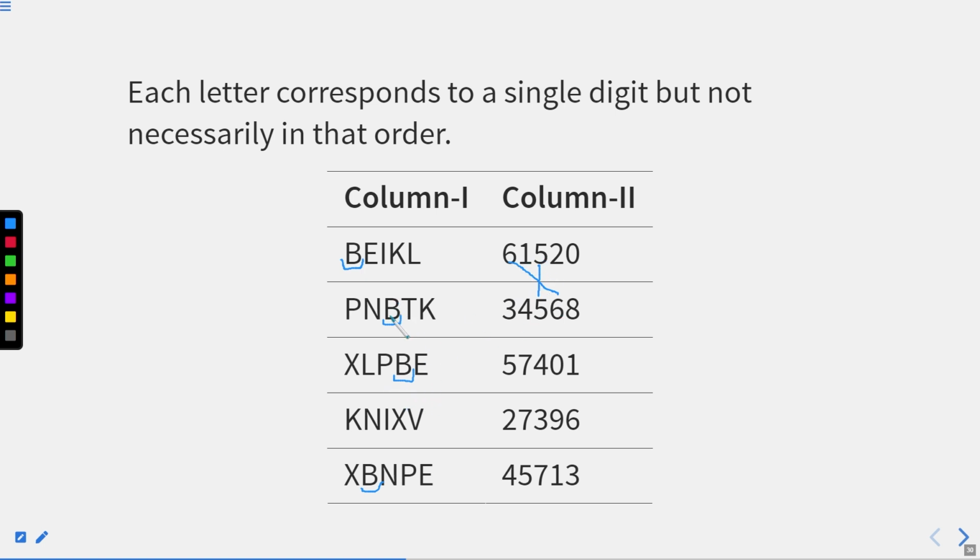Now compare between this and this. Which is common? Only 5 is common. So our B is going to be 5. In the same manner, if we compare each and every word with their digit, we'll eventually find every alphabet with a single, unique digit, right?